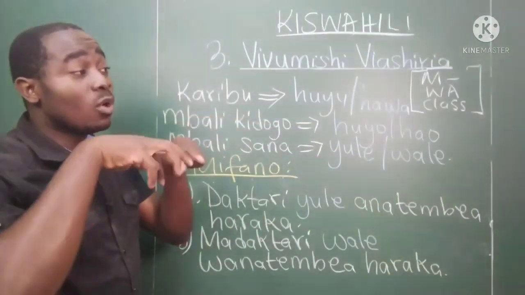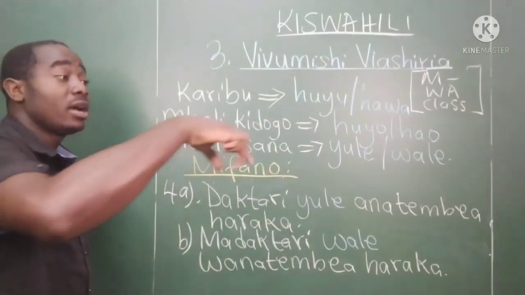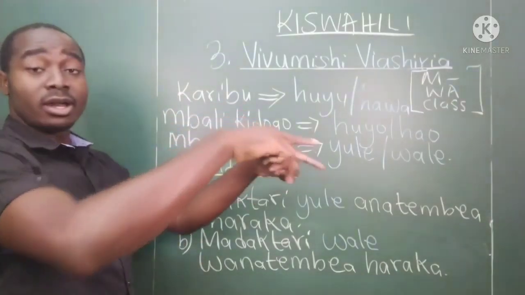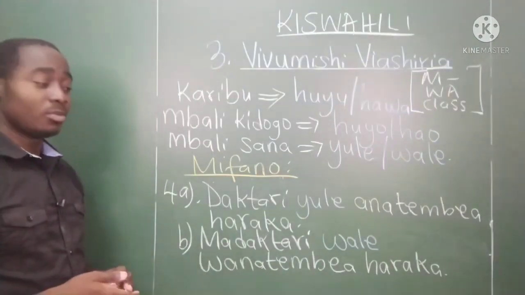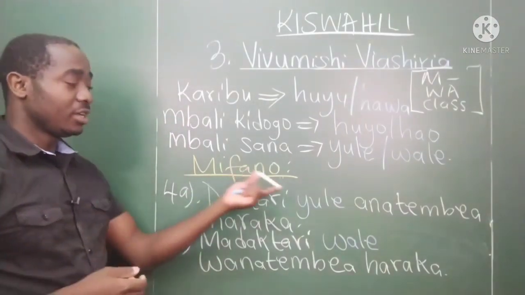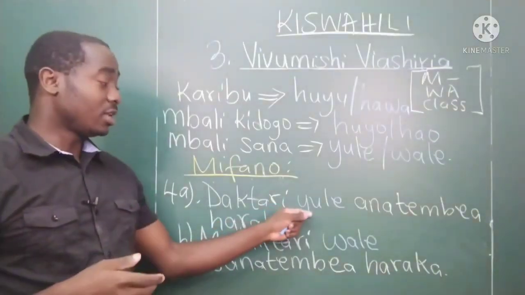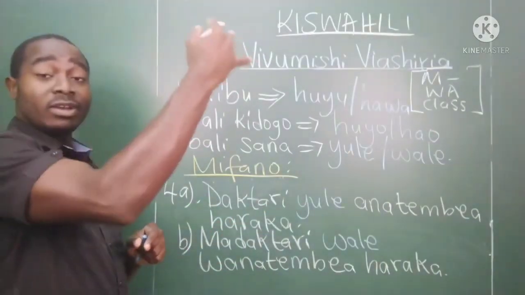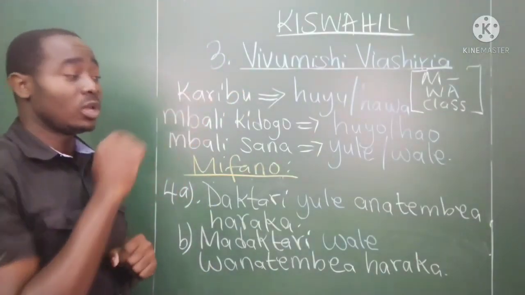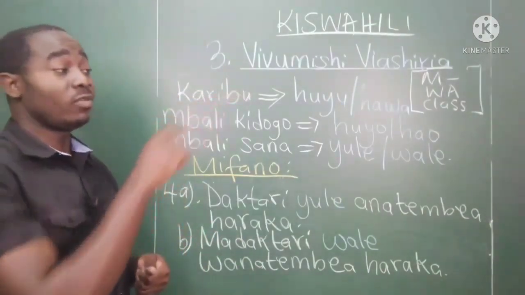Madaktari wale wanatembea haraka. So daktari, doctor, anatembea, he's walking haraka, fast. And yule is that. He's very far. So you say daktari yule. And if there are many, madaktari wale, the doctors, they are very far.